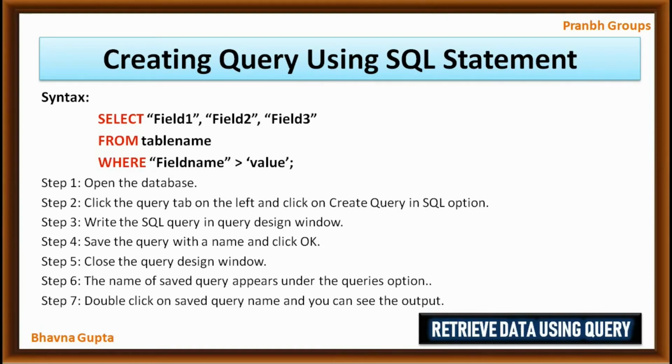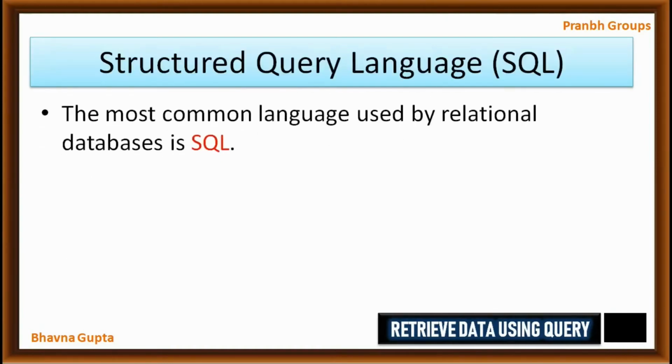What is SQL? SQL is the most common language used by relational databases. SQL stands for Structured Query Language. As you know, databases are arranged in table-like structures. The columns are called fields, while the rows are called records.